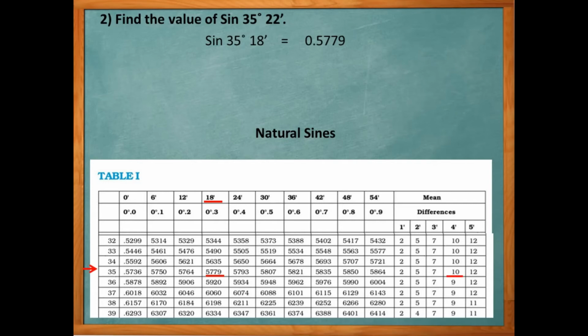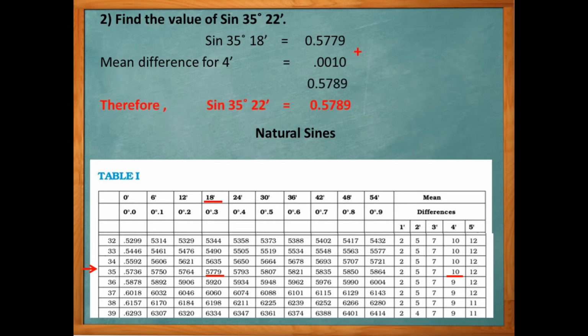The mean difference of 4 minutes is 10. So we will add 10, which is actually 0.0010, to the value of sine 35 degrees and 18 minutes, which is 0.5779. So the sum is 0.5789. So therefore, the value of sine 35 degrees and 22 minutes is 0.5789.